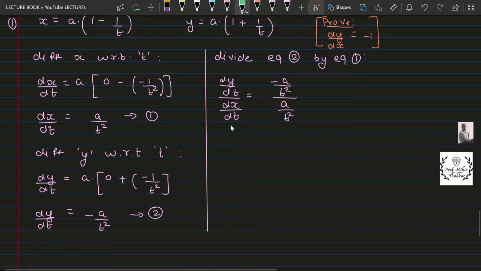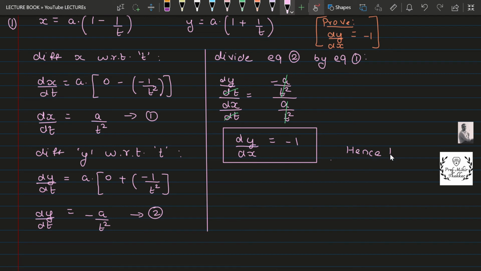Wow, dt goes away, a upon t square goes away, and you are there with your answer. It is equal to minus 1. Hence proved. That was a really simple sum.